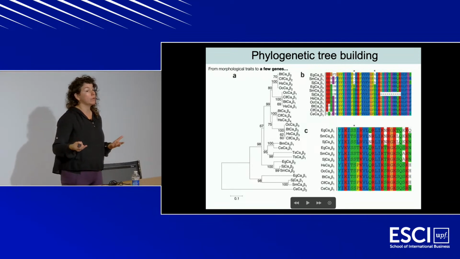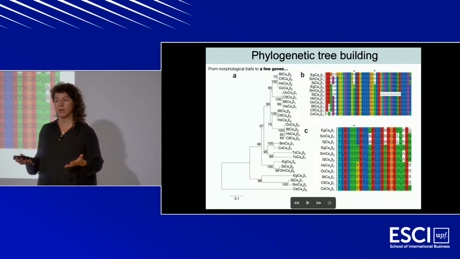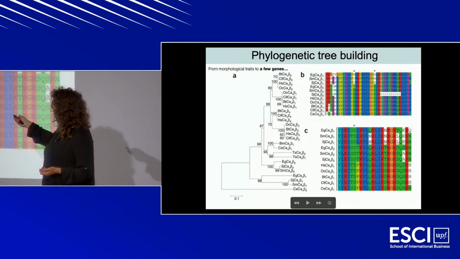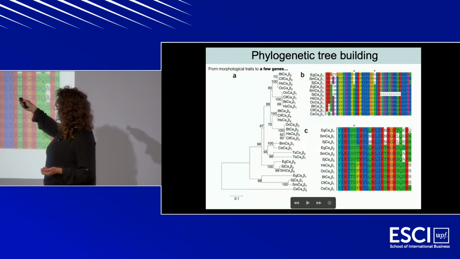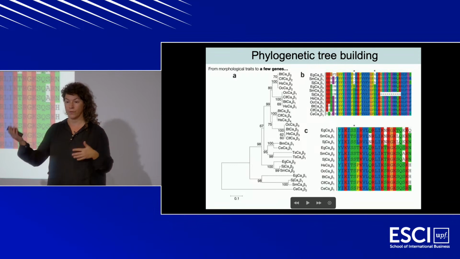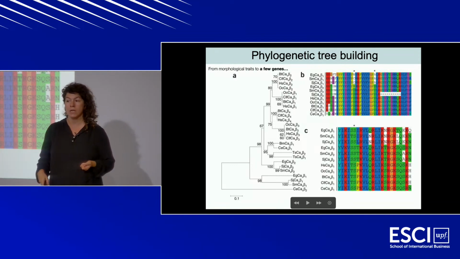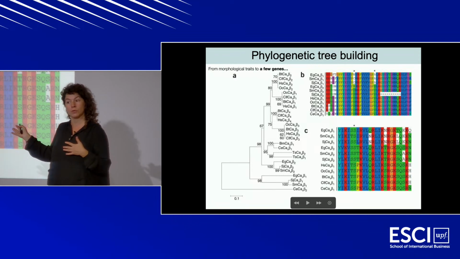This was done mostly with morphology. But then, as I told you, in the 60s, people started to realize, okay, we can actually use each nucleotide or amino acid in each alignment as one character, right? Instead of lungs or fur or whatever, I can have amino acid 1, amino acid 2, amino acid 3. I was told that you were actually learning a little bit about alignments, right?